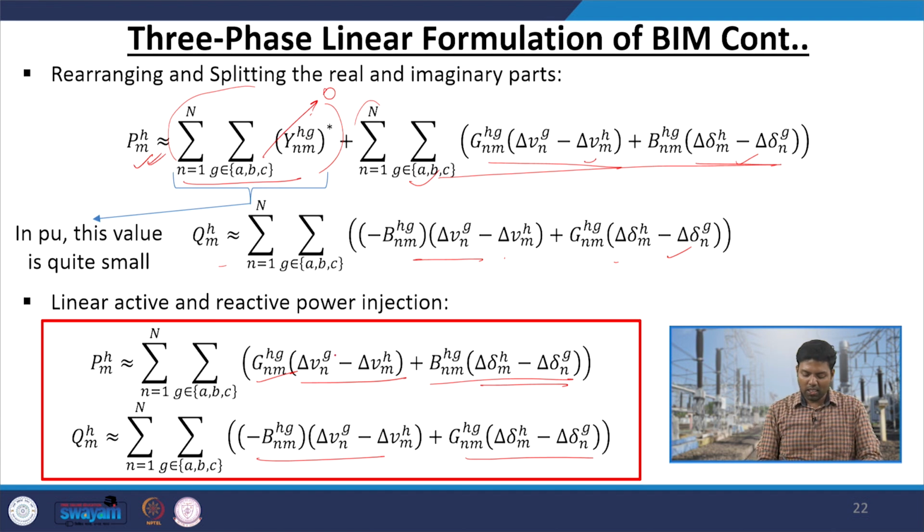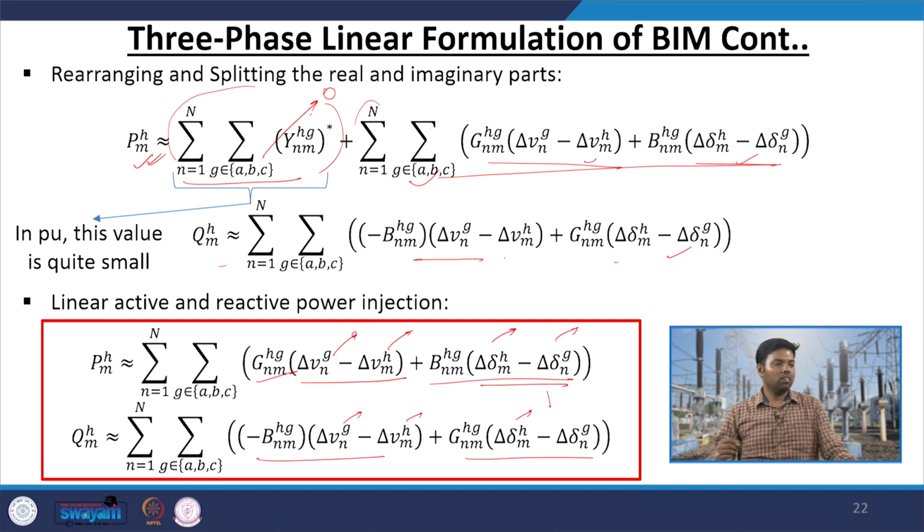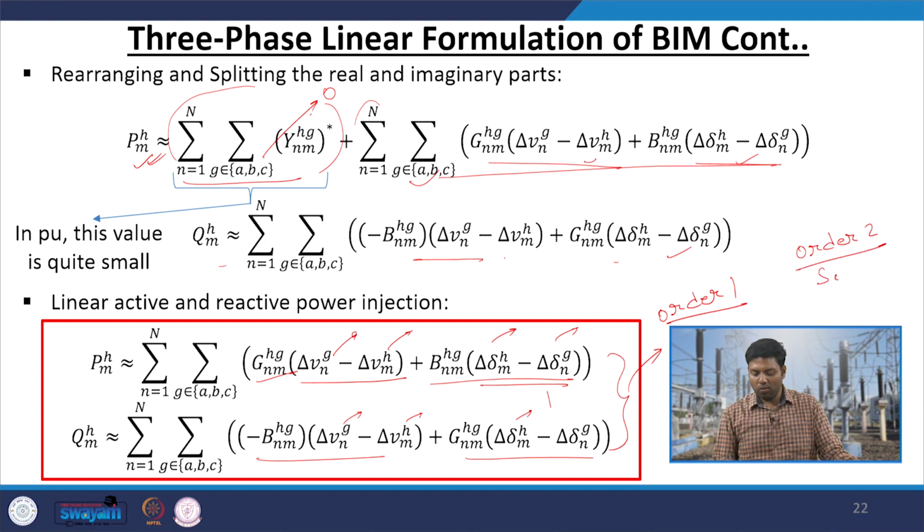So, here you can see the order of the variables is all 1. You got an equation after taking those assumptions and simplifying it, with variables of order 1, which were previously of order 2, and also with the sine and cos terms.